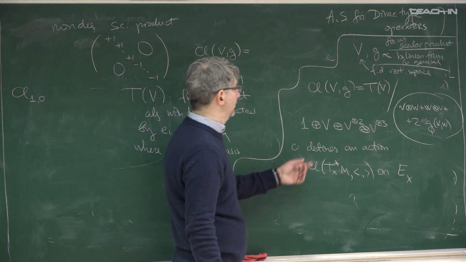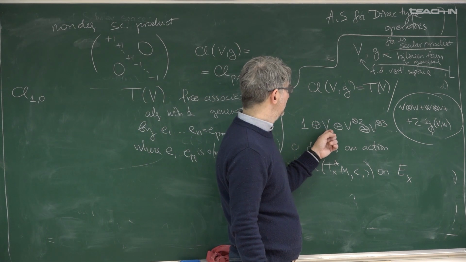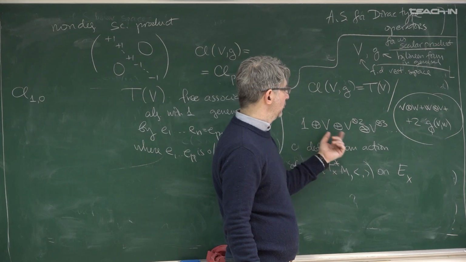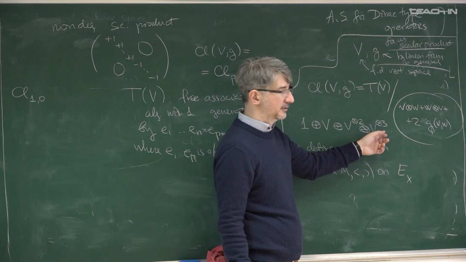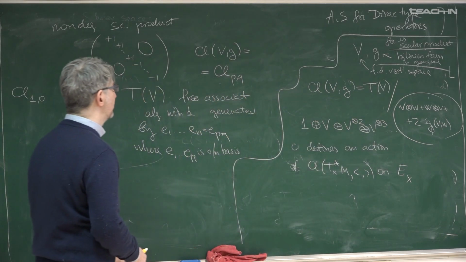Why so? Because these guys generate V, their pairwise products generate this thing, three-fold products generate this one, and so on, and so on. And what are the relations?